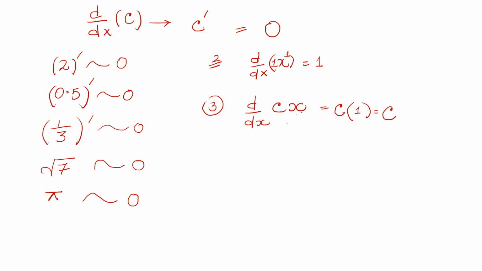The derivative of a constant multiplied by x is the constant. If you want to understand how, we apply the properties of derivatives, which are almost the same as the properties of limits: when a constant is multiplying with a function, we write the constant before the derivative and take the derivative of only the function. So you get C times 1, which is C. This general rule is called the constant multiple rule.